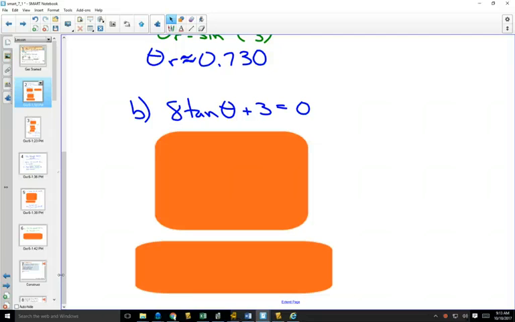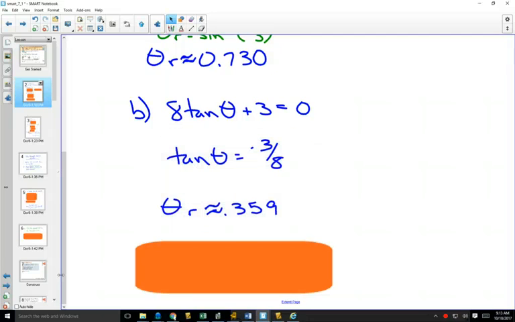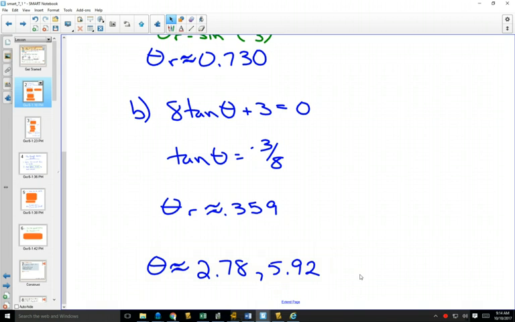You want to check if you got your reference angle correct? Quadrants, which ones? Tan is negative, so it'll be quadrants 2 and 4.